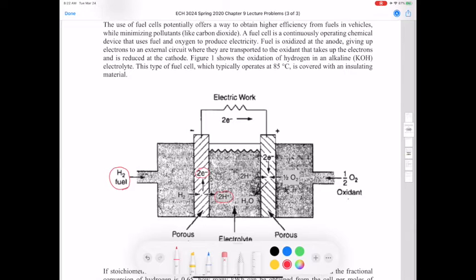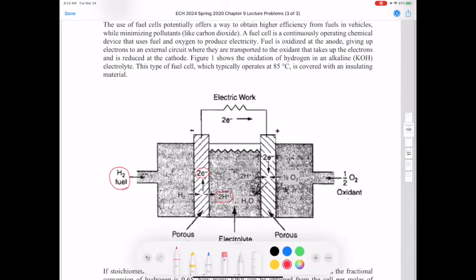And this circuit also has some sort of resistance. And as you know from Physics 2, anytime you have a voltage and a resistance, you also create a current. And so you can use this current in order to provide electric work. In any case, these electrons travel to the cathode where they then react with oxygen that's being fed into the system.